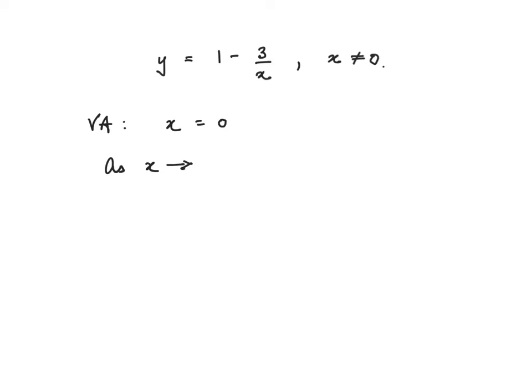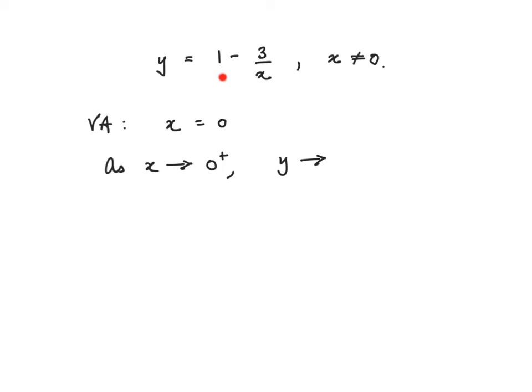So as x tends to 0 from the right, what happens? If we've got a very small positive value, we put it in here. So 3 divided by a very small positive value gives us a very large positive value.